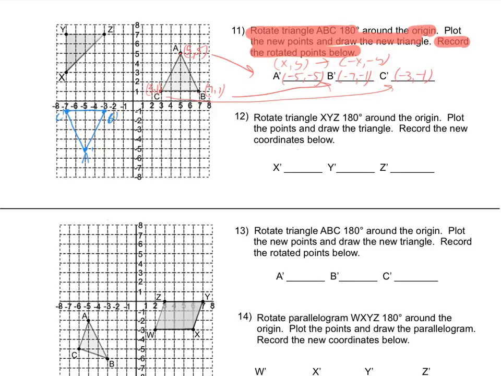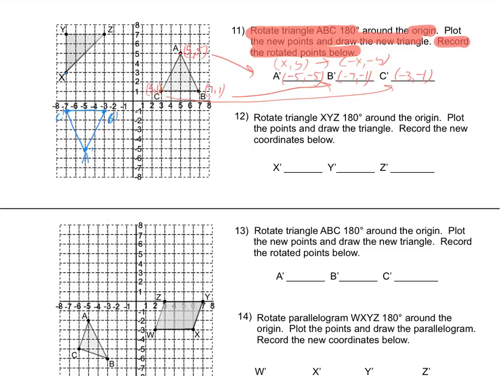Take a moment to write that down. Go ahead and try number 12 on your own. Pause the video, try 12, and then resume the video to see if you've done it correctly. So when you do number 12, again, what we're going to do is find the points.